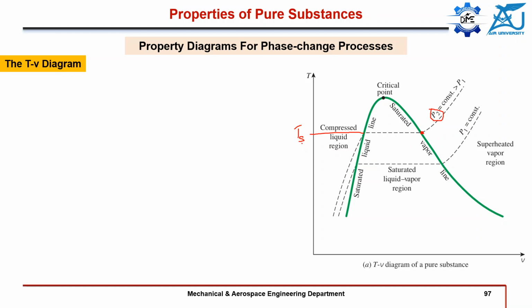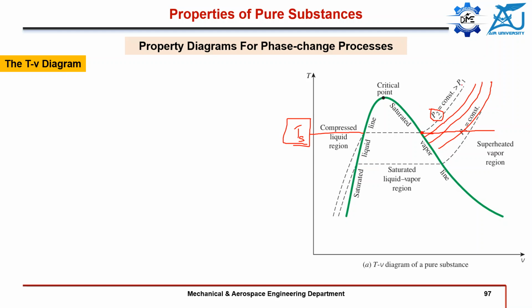If for this given temperature your pressure is less than the saturation pressure, and going ahead from here the pressure will be less, then this indicates that you are in the superheated region.